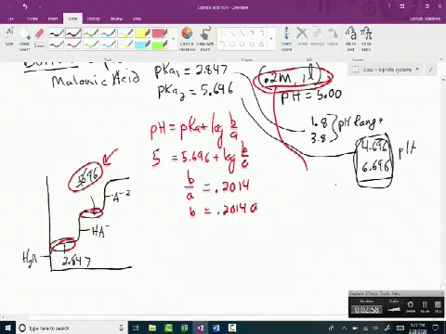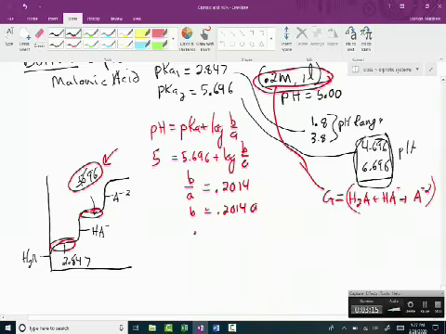And I told you it was going to be 0.2 molar. That 0.2 molar is the mass balance. That's the total concentration of A, so that's H2A plus HA minus plus A minus 2. Okay?